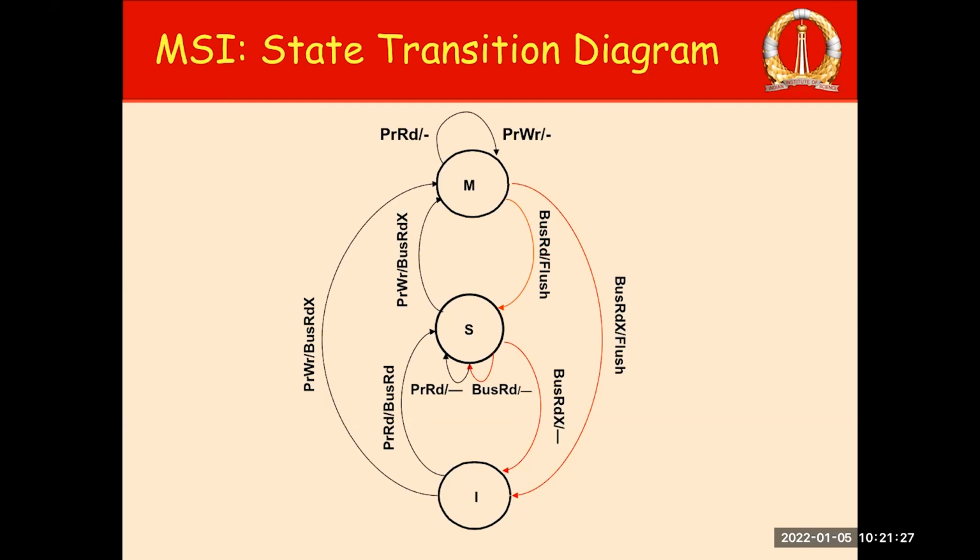The MSHR is going to hold the information. It can hold the virtual address as well as the physical address, so that when the response comes, it sends the physical address to get the response, and then when the response comes, it can use the virtual address to write in the appropriate location in the cache. Correct? So you could use MSHRs for that, for example.